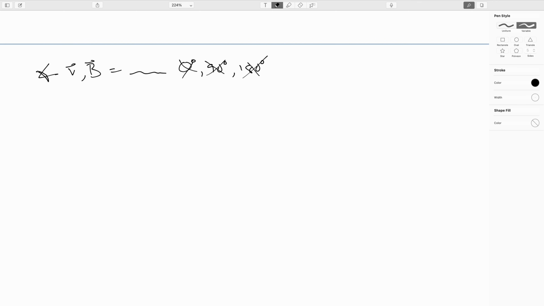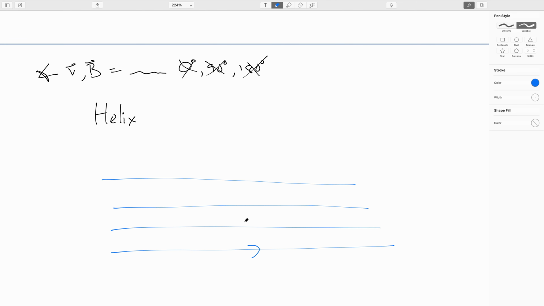Okay, so in this case, the motion is what's called a helix, which is just a fancy name for a corkscrew kind of motion. So again, let's imagine that we have a uniform magnetic field pointing to the right, and I'm really sorry for how badly I'm going to be attempting to draw in 3D.